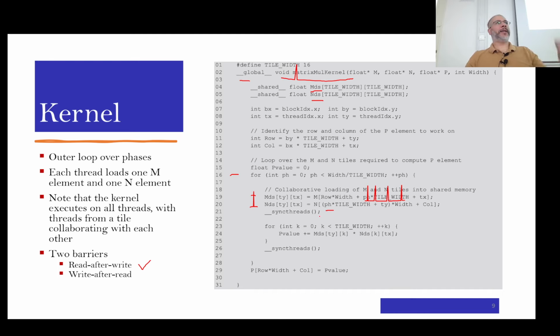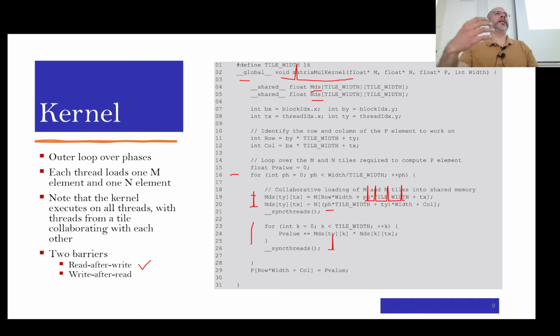So once all the threads in a block have reached the barrier, you start using them to do the calculation for calculating the P value, as we had shown in the figure last time. Then you do a sync threads again, and this is called a write after read barrier, because once a thread is done using the memory, it will start writing again for the next time, but you don't want to do that until all the threads are done using that memory.